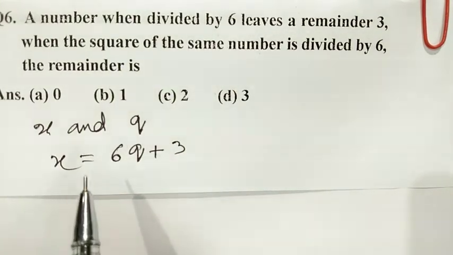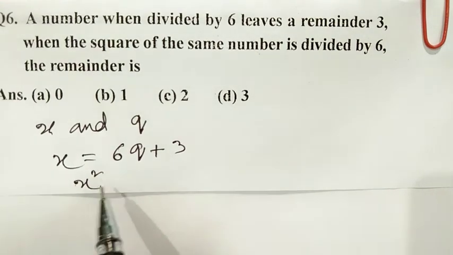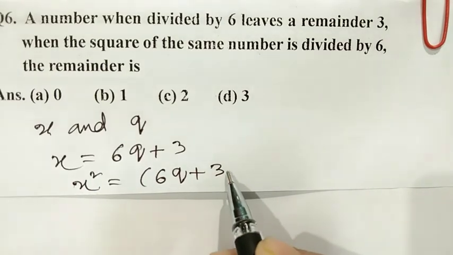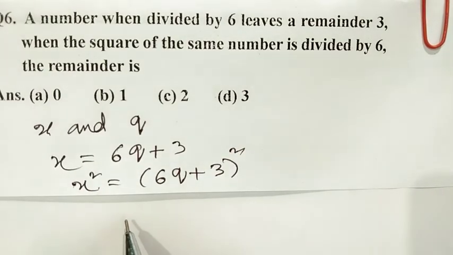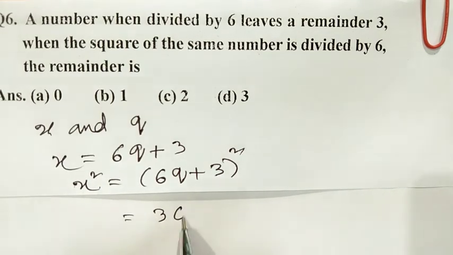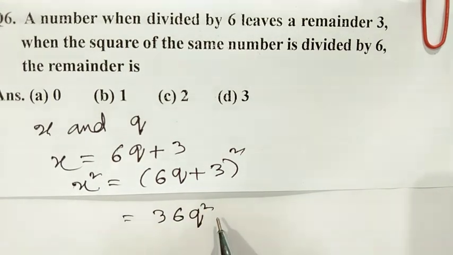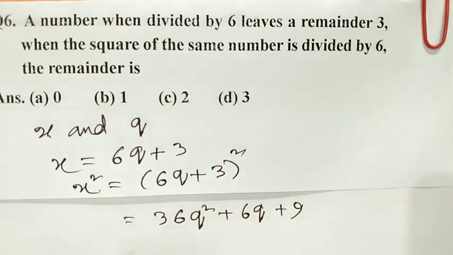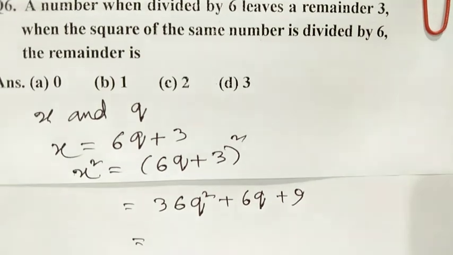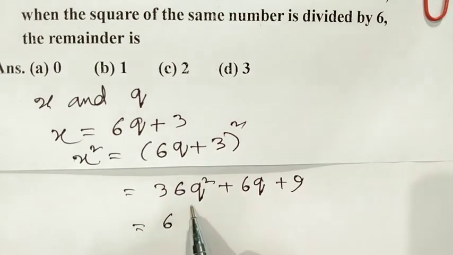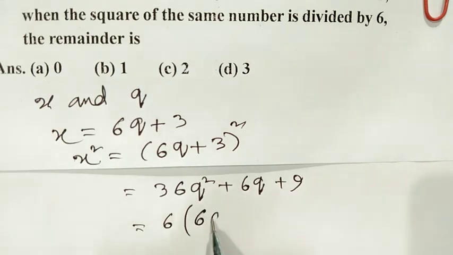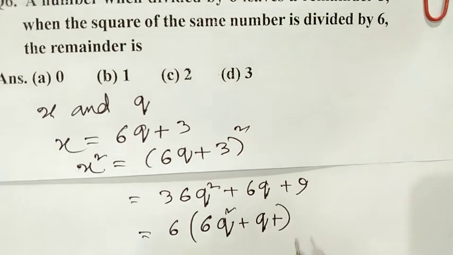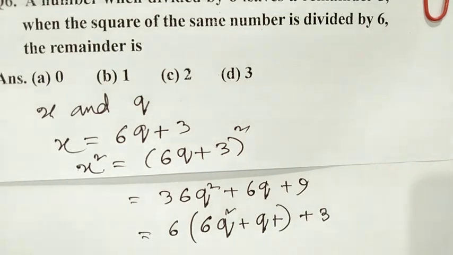The square of the same number: x square equal to 6q plus 3 whole square, equal to 36 q square plus 36q plus 9. Taking 6 common: 6 times (6q square plus 6q plus 1) plus 3.